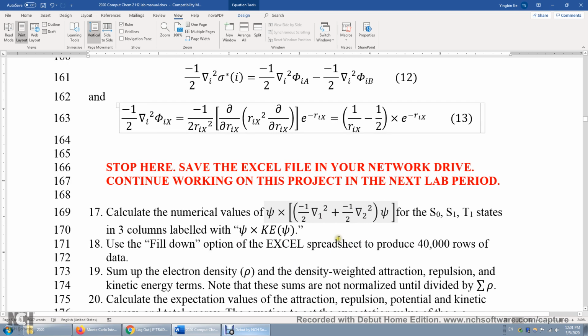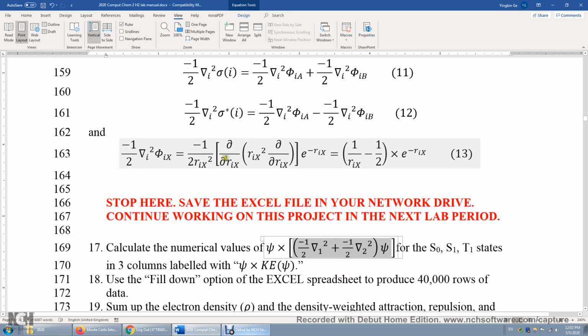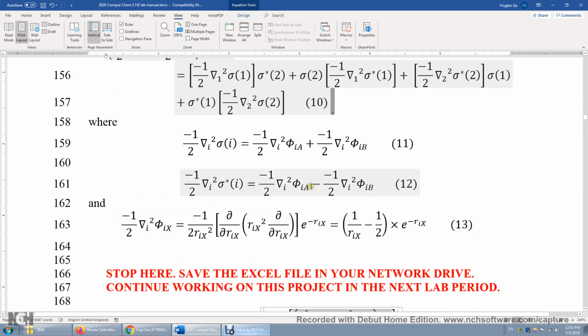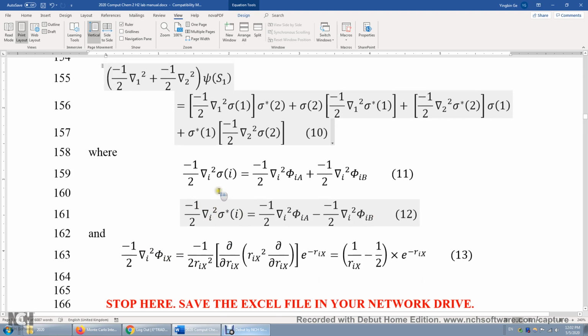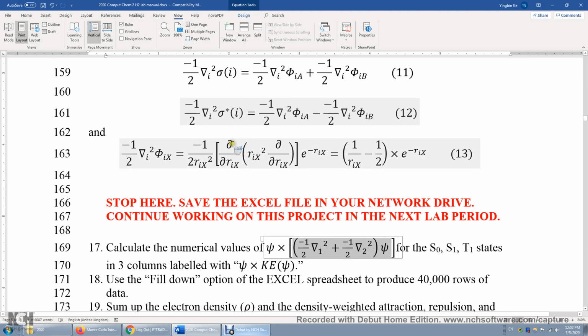All right, once you computed this part, again, it's complex because you need to do this first and then combine two of those to get the kinetic energy operator being applied to the molecular orbital. Over here, you do some combinations, and then you get this. It's complex.